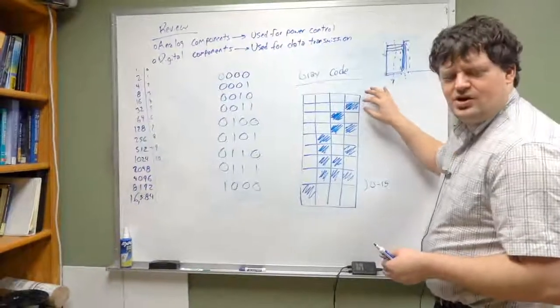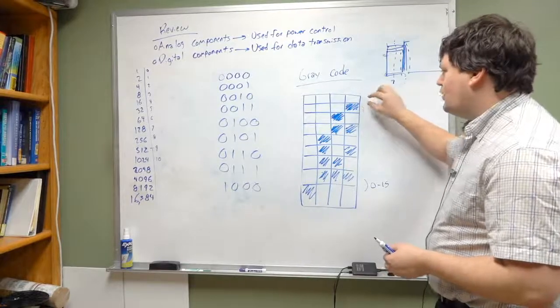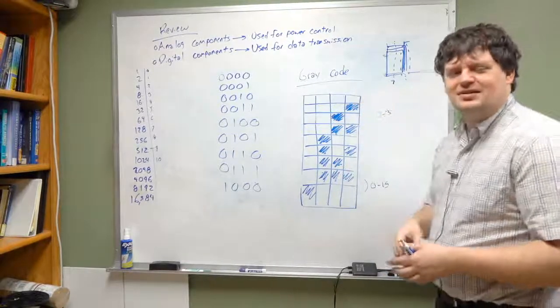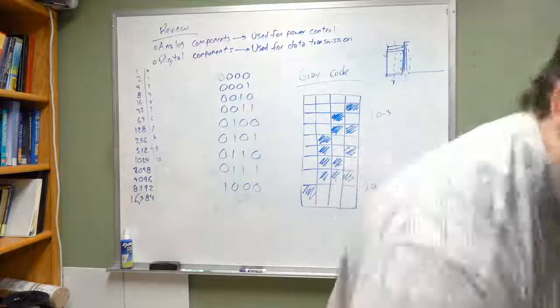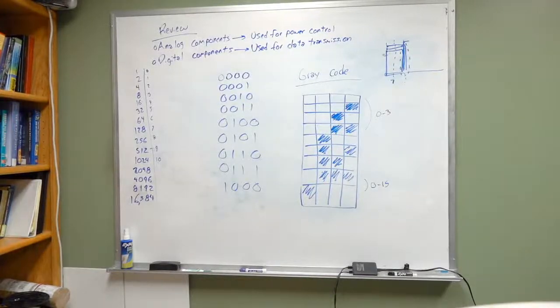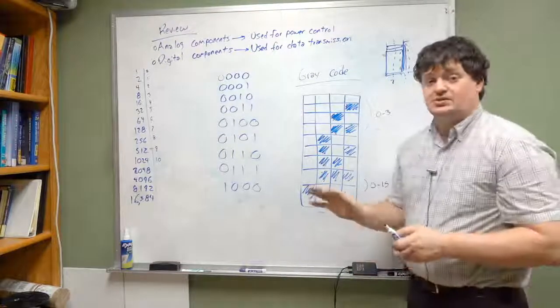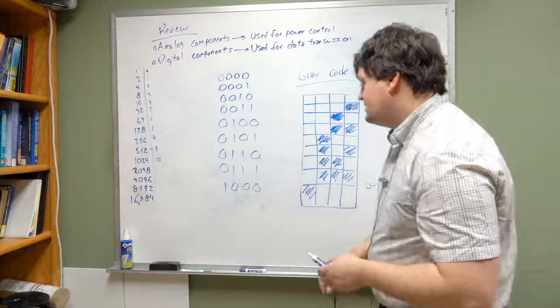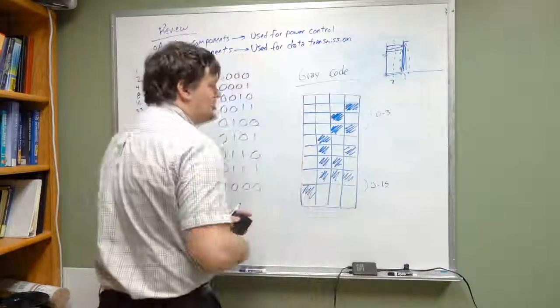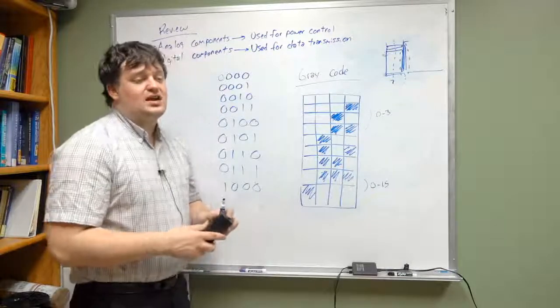But anytime you have more than one switch changing at a time, pardon me, it does create the issue of what happens if an error is read too soon. So in digital systems, they will use gray code because it does reduce the error.